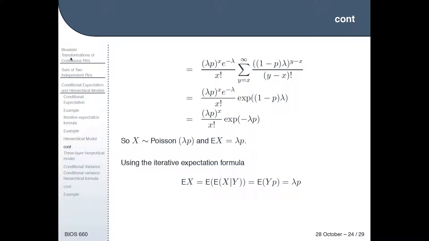You can just take the expected value of the expected value of x given y. Well, we know the expected value of x given y is y times p. Take the expected value of that with respect to y, and we end up with just lambda times p. That's much easier than dealing with all this summation business.